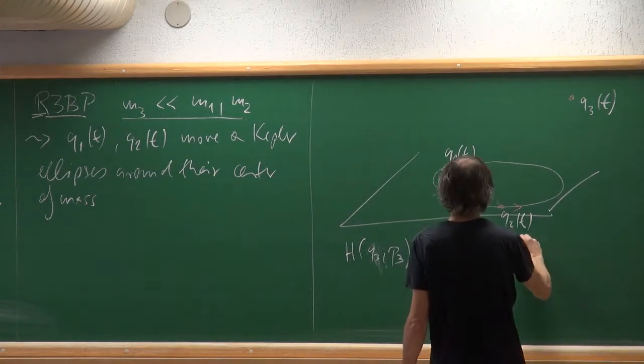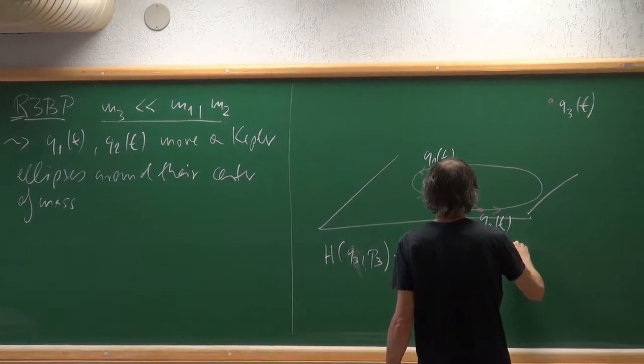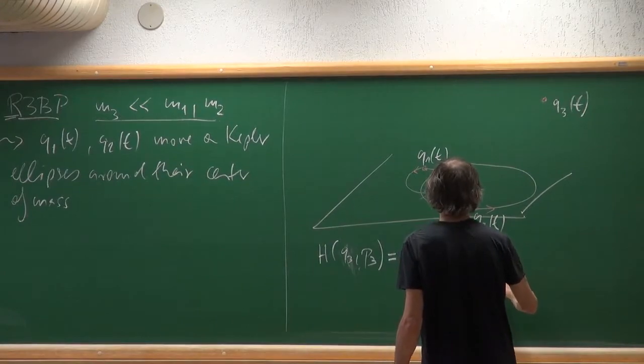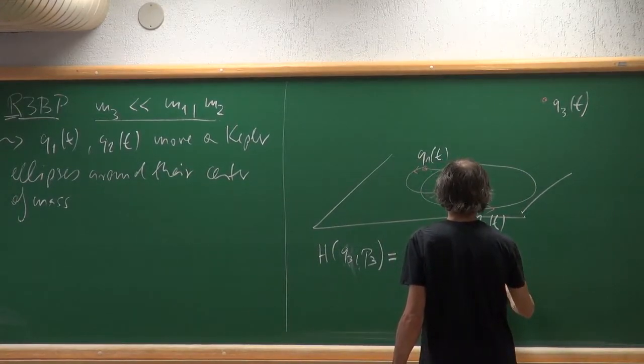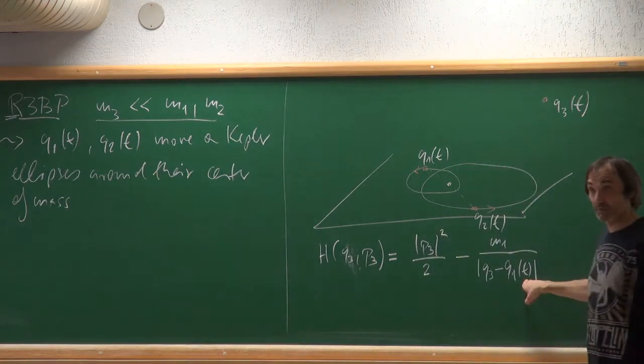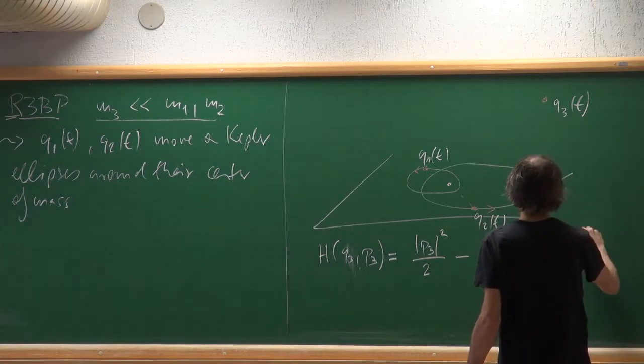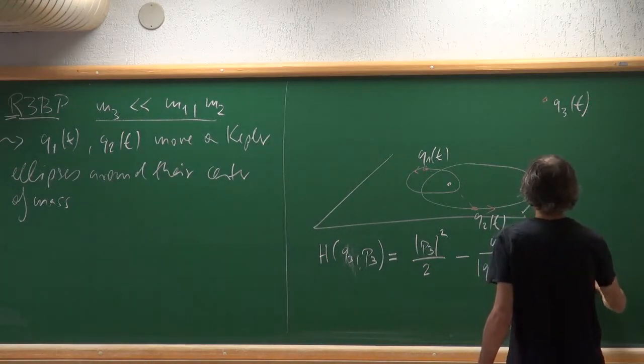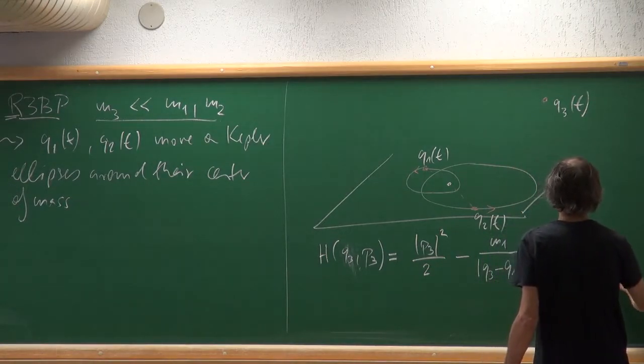And then we have minus M1 divided by |Q3 minus Q1|, but Q1 now depends on time explicitly. And then minus M2 divided by |Q3 minus Q2(t)|.